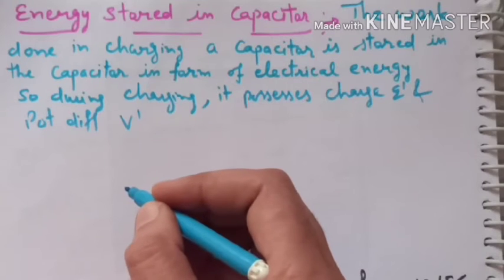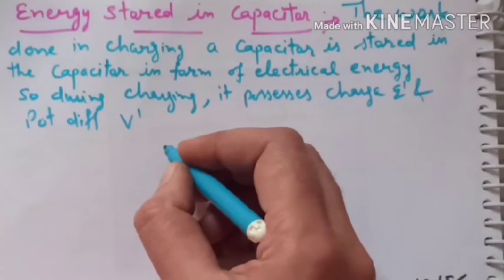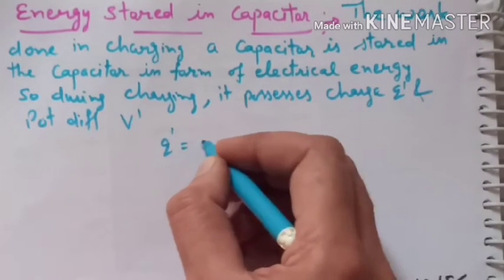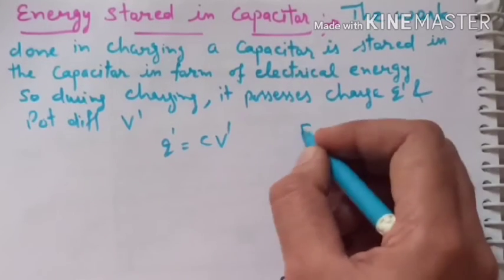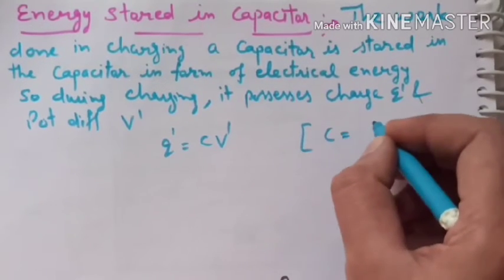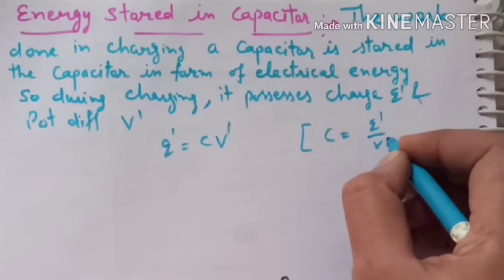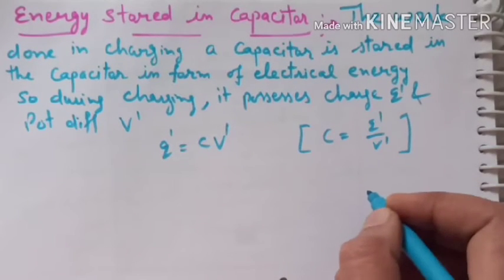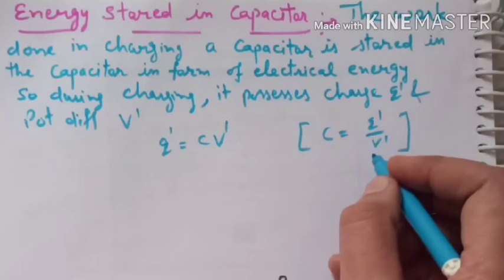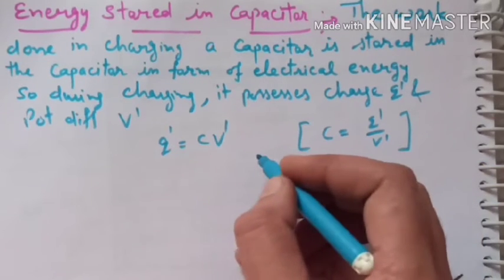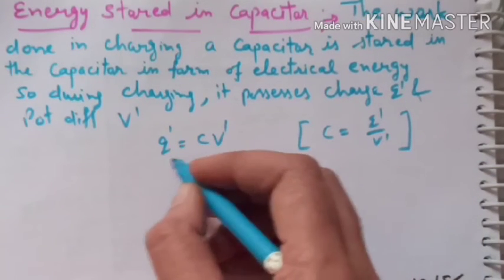By the definition of capacitance, charge Q dash is equal to C V dash, because capacity is charge per unit potential difference and charge is directly proportional to potential. So this is equal to C V dash.